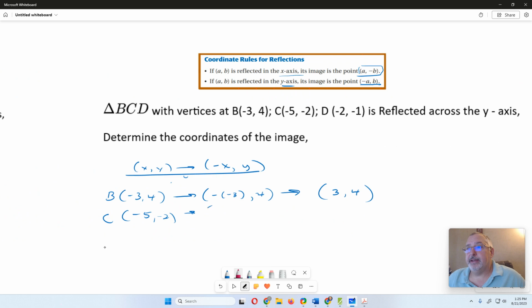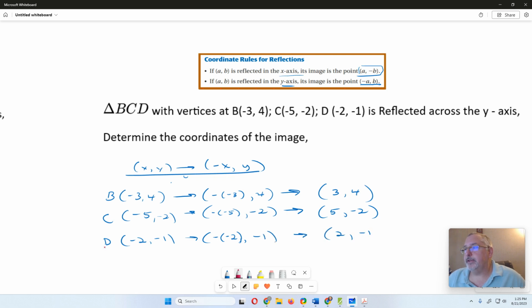We'll apply that opposite to the x coordinate and keep the y coordinate, and so it'll become (5, -2). And then D is at (-2, -1). We'll apply that opposite to the first coordinate and keep the second coordinate, giving us a new point at (2, -1).